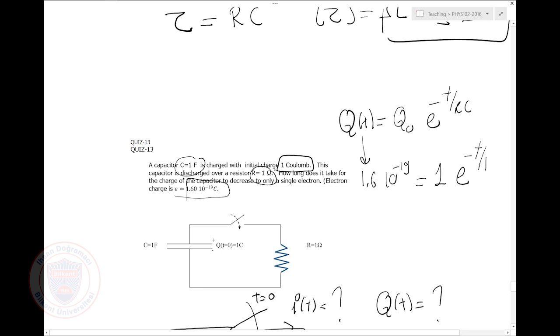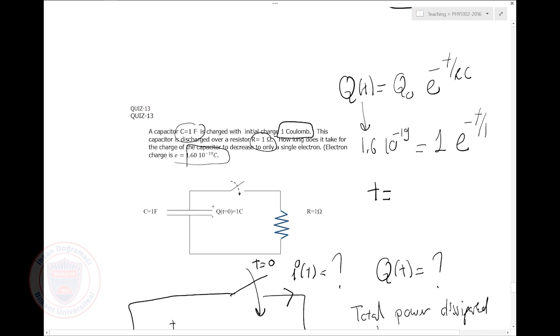So what's t then? T is minus ln 1.6 10 to minus 19 seconds. Let's calculate what that is.